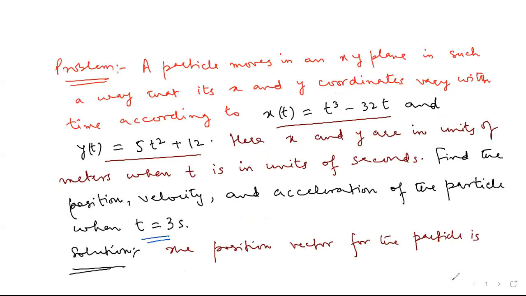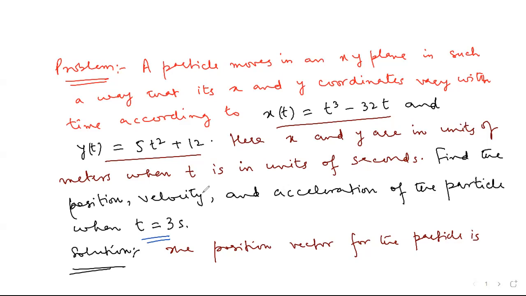Let me summarize it. The particle is moving in the xy plane. It is two-dimensional motion. So the position will be specified by two coordinates. Since it is in the xy plane, one coordinate is x, the second is y. They are varying with time according to these functions. They are given in units of meters, t is in units of seconds. We are asked to find the position, velocity, and acceleration of the particle at t equal to 3 seconds.